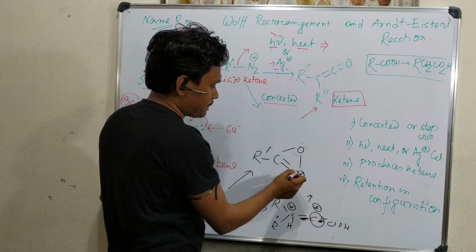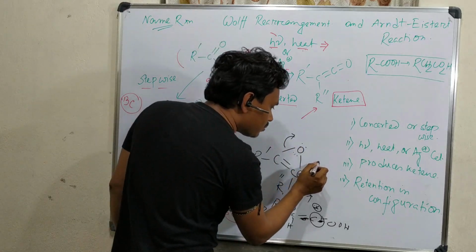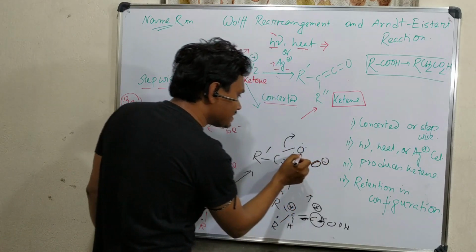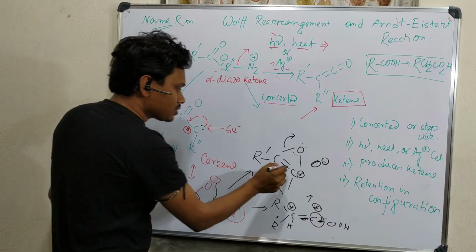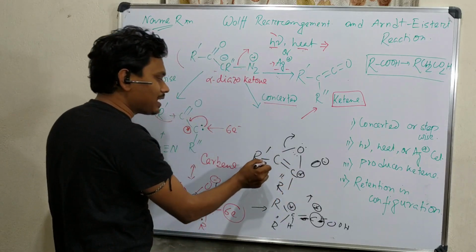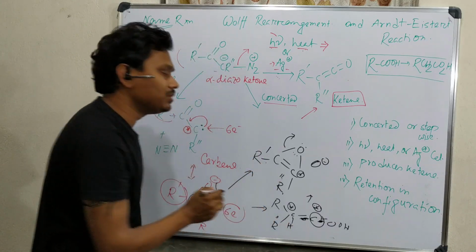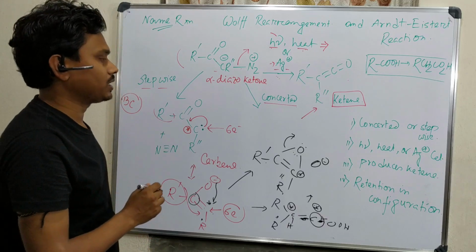If this side opens and produces an O minus, and similarly this side opens, then in these circumstances R double prime can migrate, R prime can migrate. So there is a true chance, and that's why this scrambling occurs.